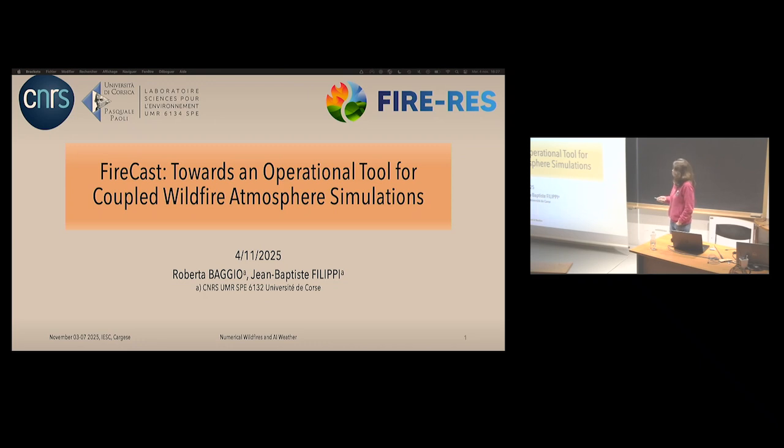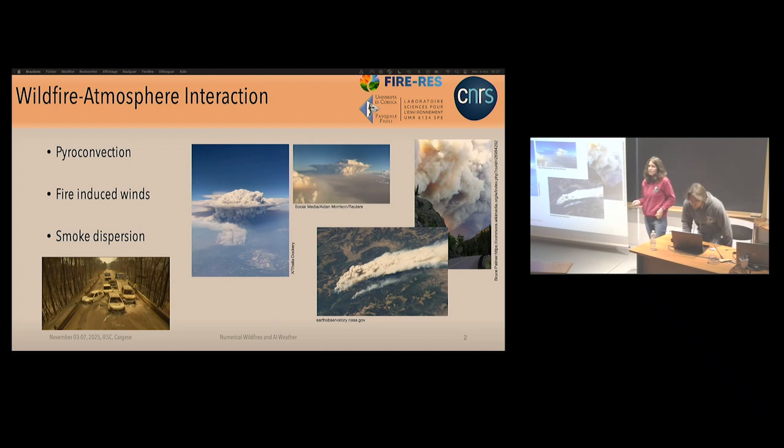What the work consisted in was taking a tool we have at the University of Corsica for coupled wildfire atmosphere simulation and developing a prototypical operational chain which can be useful for decision making. Now I will present briefly the path we followed to develop this, and then after, Jean-Baptiste will actually show you how this code looks today.